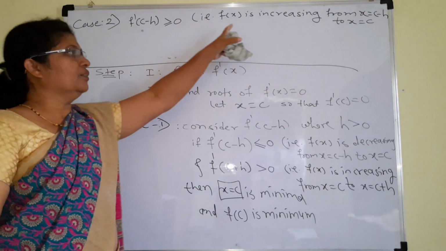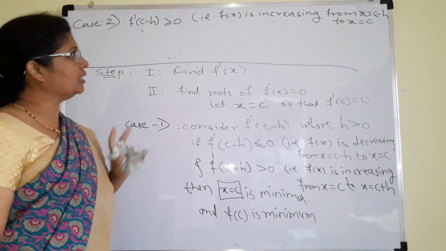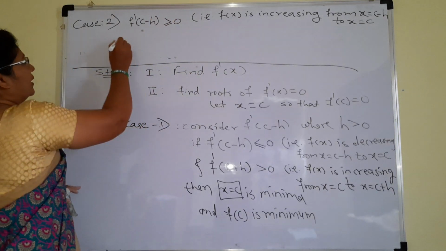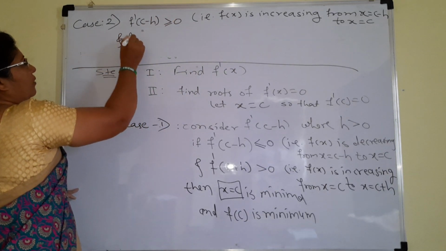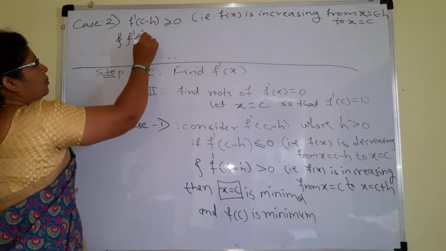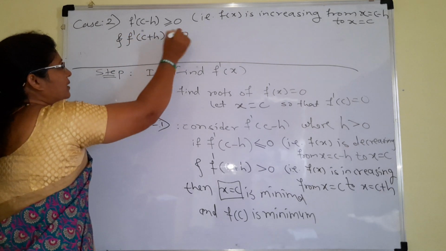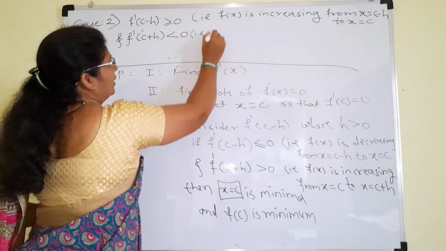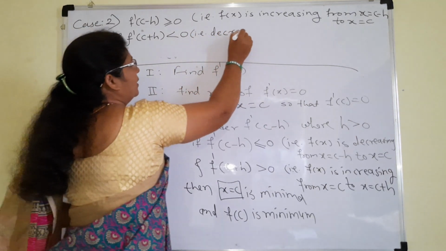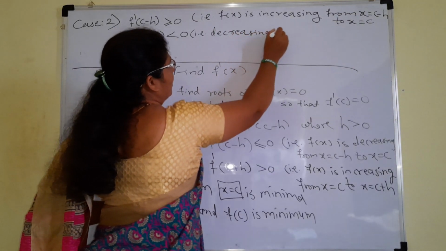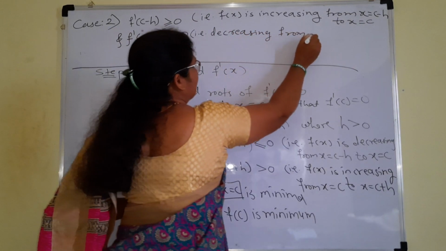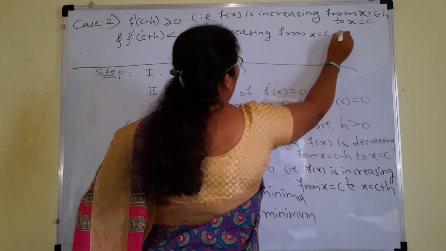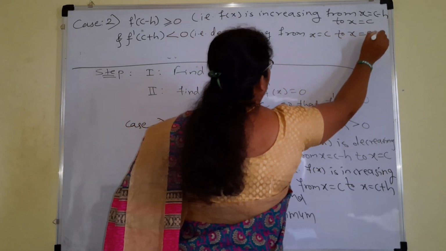In this part the function is increasing, and f dash of c plus h is less than 0. That means the function is decreasing from x equal to c to x equal to c plus h.